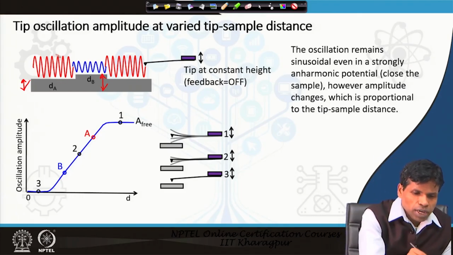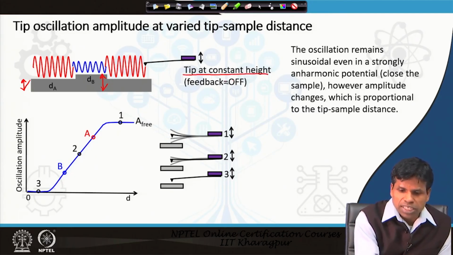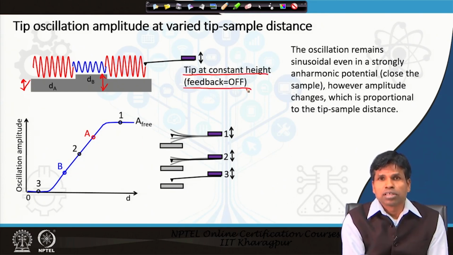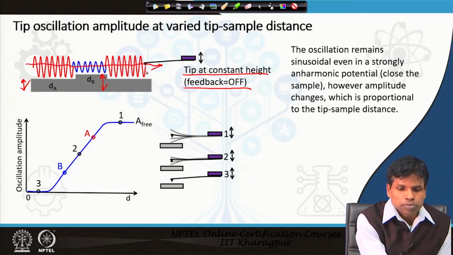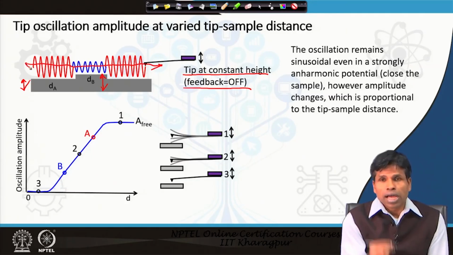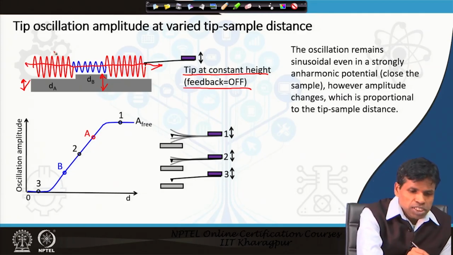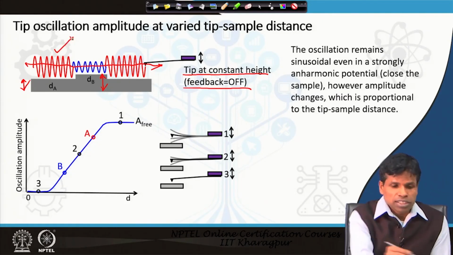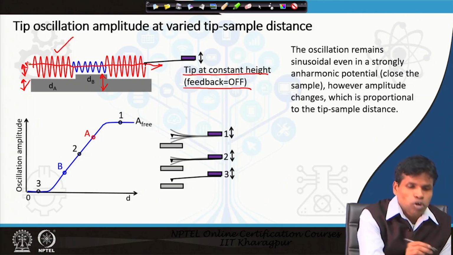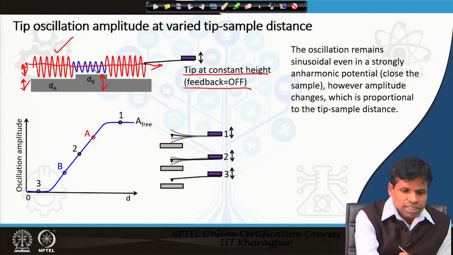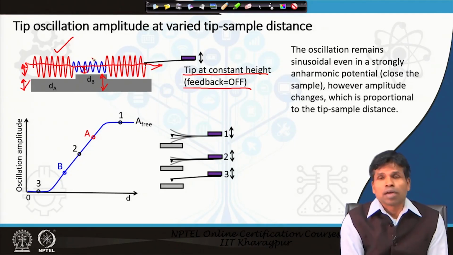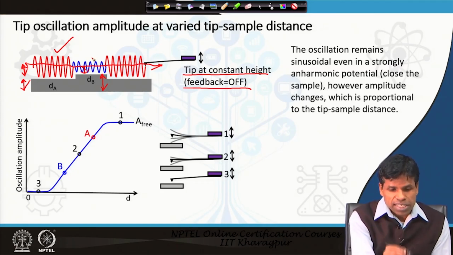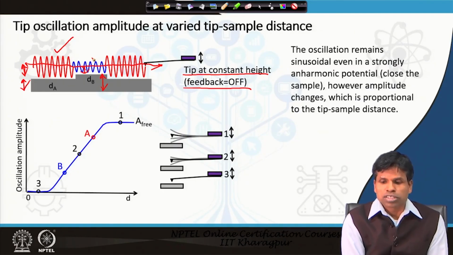What you see here, when there is a larger distance, here the tip is at constant height mode, Z feedback is off. When the tip is at constant height mode and it is oscillating above the surface, amplitude is larger when the tip sample distance is more. But when the tip sample distance is small, here in the middle portion, the amplitude is small, and this follows a monotonous relationship.